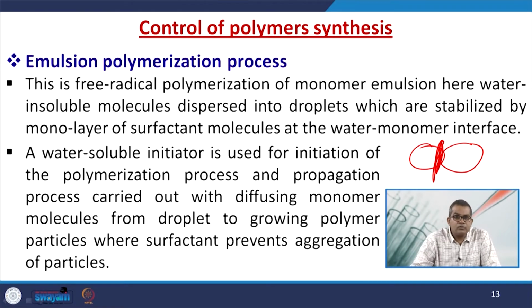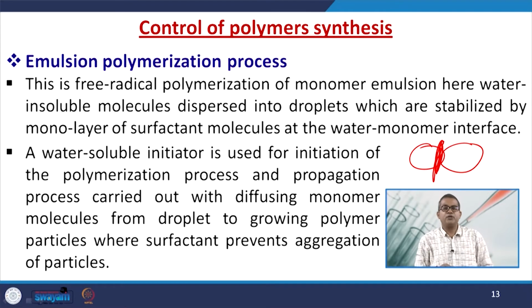So usually a water soluble initiator is used for initiation of the polymerization process, and the propagation process is carried out with diffusing monomer molecules from droplet to growing polymer particle, where surfactant prevents the aggregation of the particle.